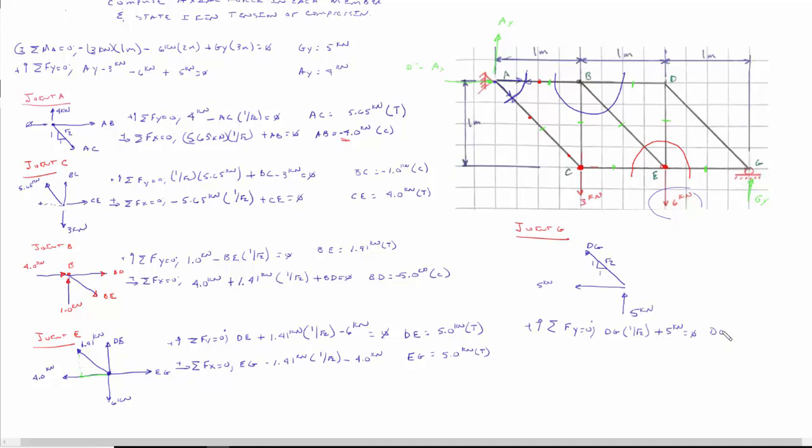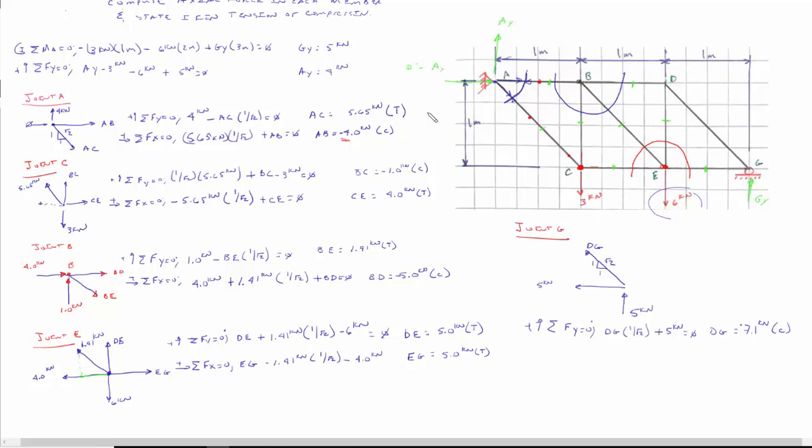So we come out that DG is equal to 7.1 kilonewtons, and that's going to be in compression, because if you look at both of these are positive, you take one to the other side, that should become negative. Now if you did the same thing in the x component, you'd have a negative 5 kilonewtons, and then a negative DG times 1 over square root of 2, so you'd also get a negative 7.1 kilonewtons.